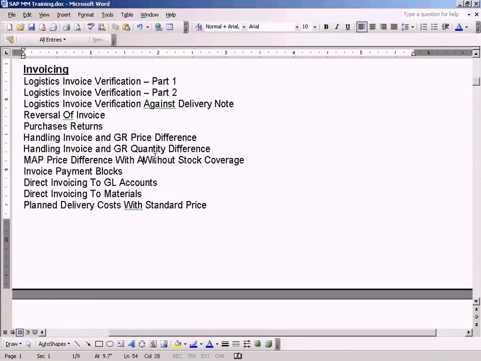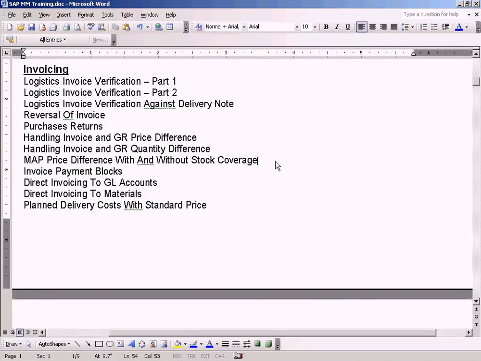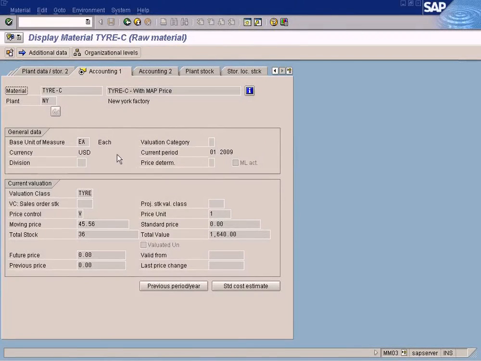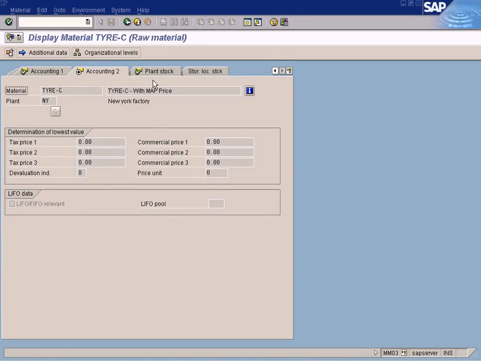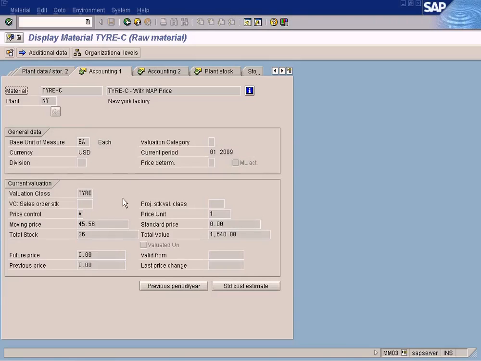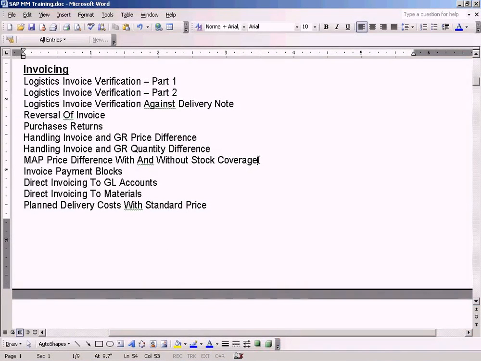Let me change this so that we can see both scenarios. Tire C is maintained using price control V, which is moving average. Now look at the plant stock, the 36 units. Let's take note of that. So let us look at posting with stock coverage first.